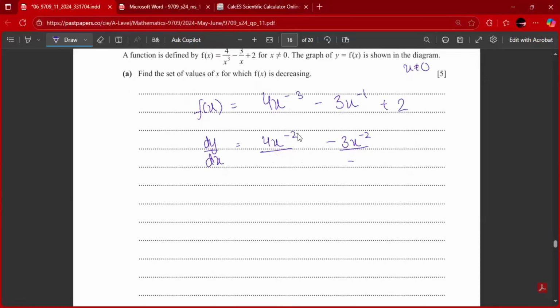Why am I so stupid? What am I doing? We're supposed to find the derivative.